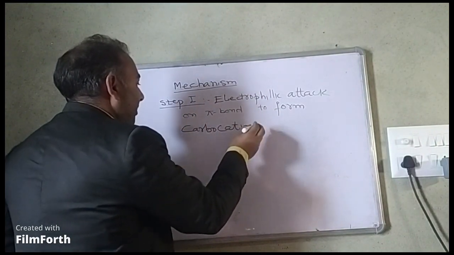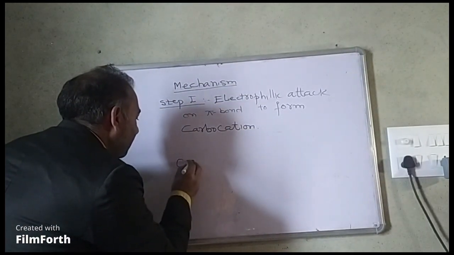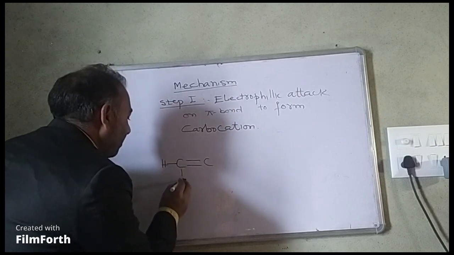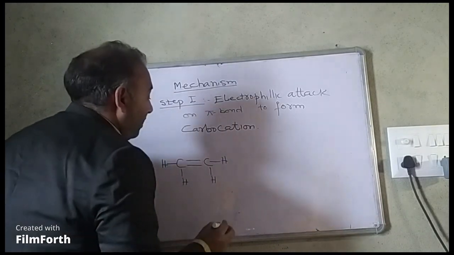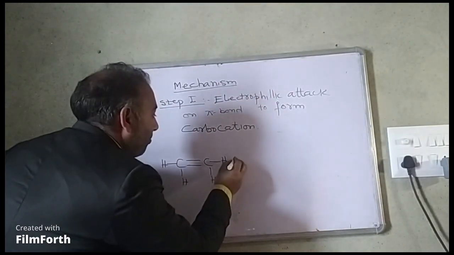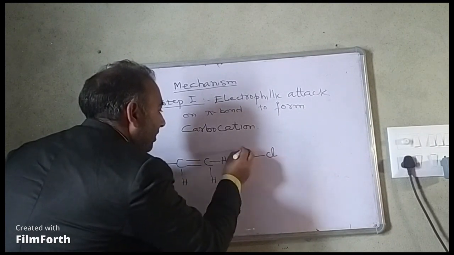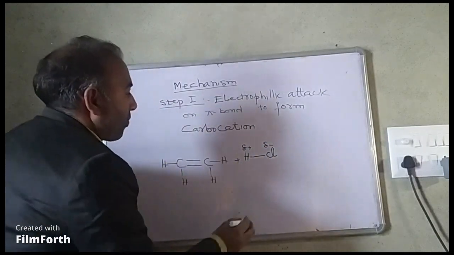Carbocation like this: carbon-carbon double bond, this is ethene, plus HCl. This is the electrophilic part, and this is the nucleophilic part.